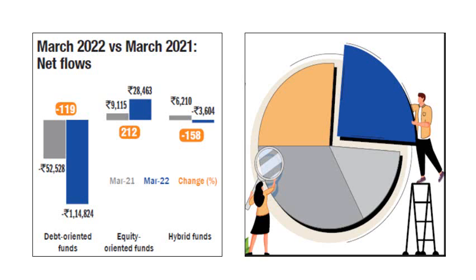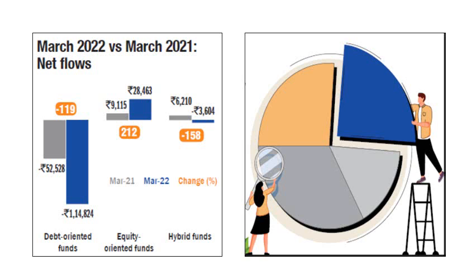When we see the equity oriented funds, last year it was 9,115, this year 28,463. It looks like people are putting more money into equity oriented funds. Compared to March 21, March 22 shows a 212% change, that is a positive change. In debt oriented funds, minus 119%.